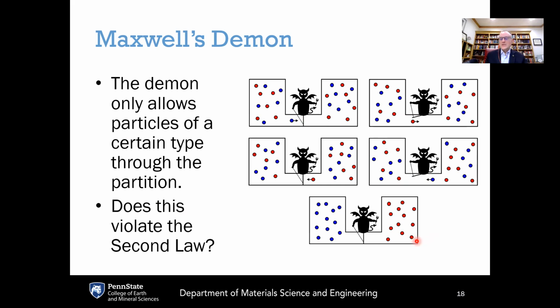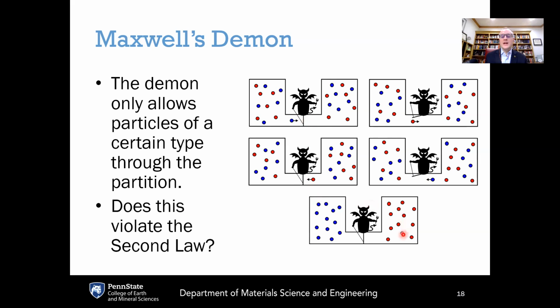So let me ask you, does this violate the second law of thermodynamics? And the answer is no, it doesn't violate the second law of thermodynamics, because this demon is performing work on the system. This demon is using the information about the identities of the particles here to open and close the door. All of this takes work.